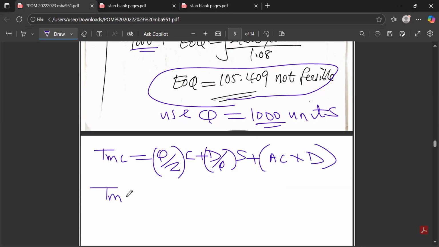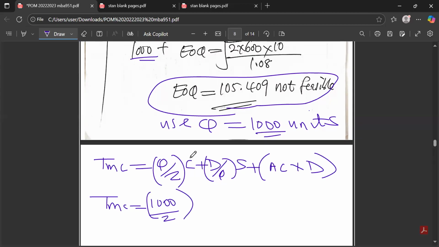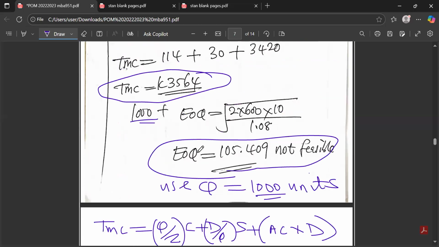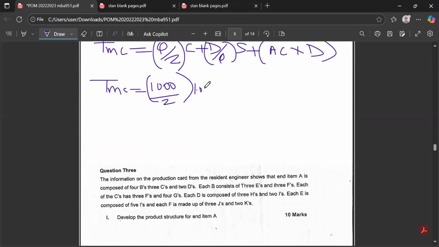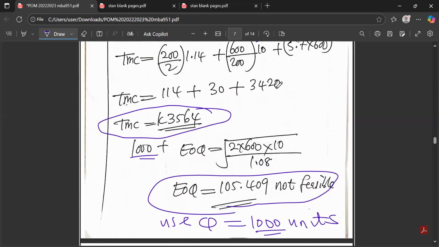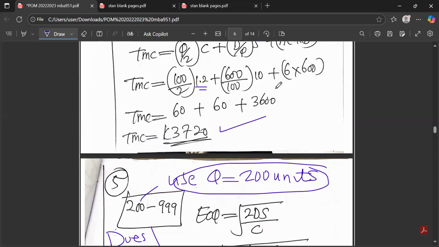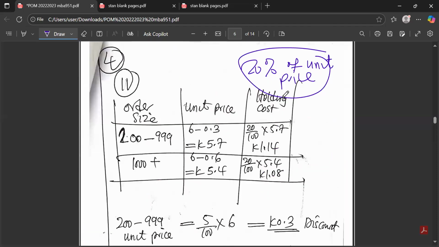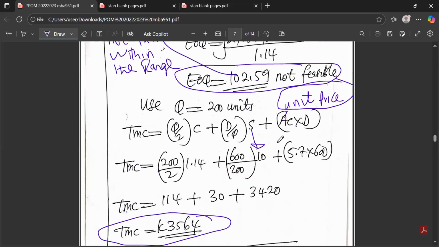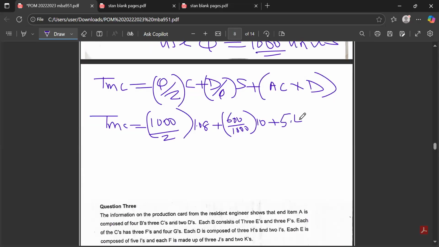So our total material cost will give us 1,000 over 2, and the holding cost for this order size is 1.08, plus 600 over 1,000 multiplied by 10, plus the unit price in this case. Our unit price for this order size is 5.4, so 5.4 times 600.